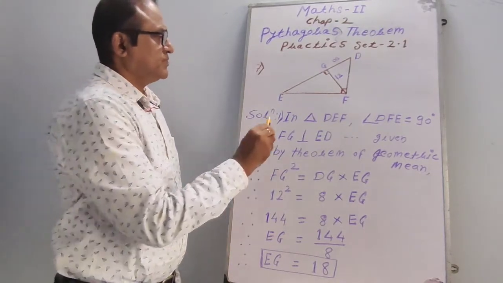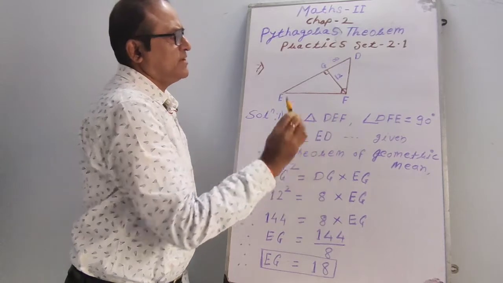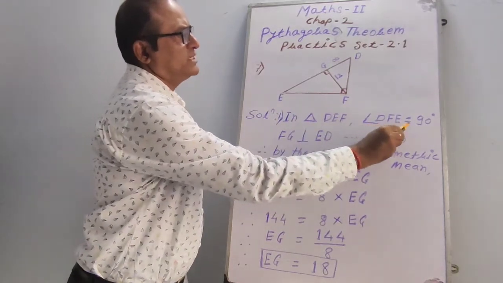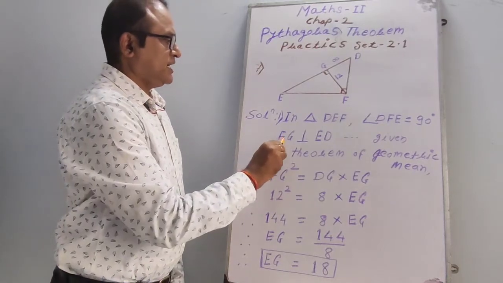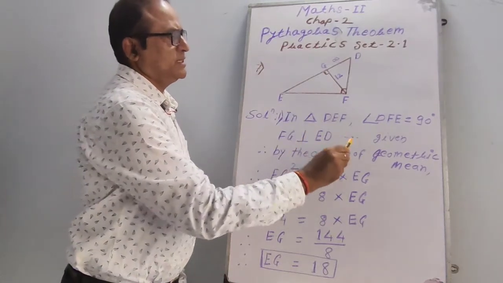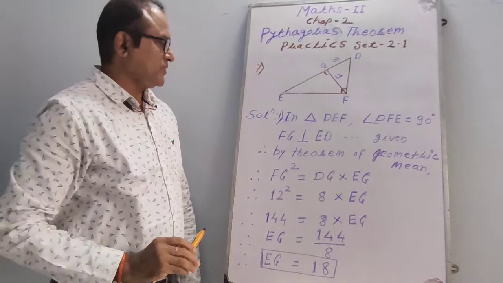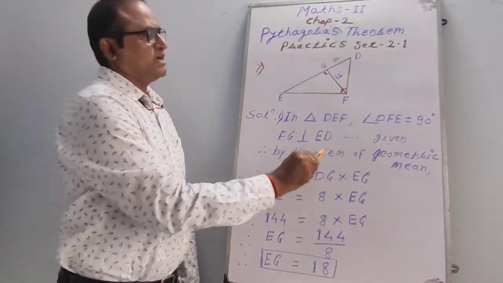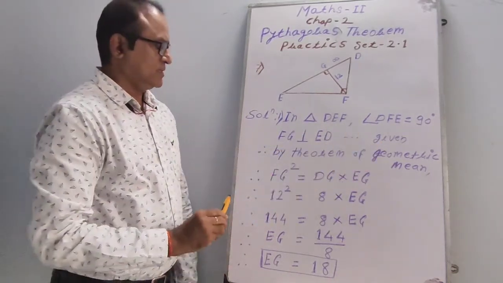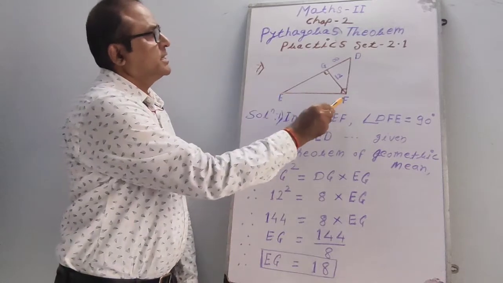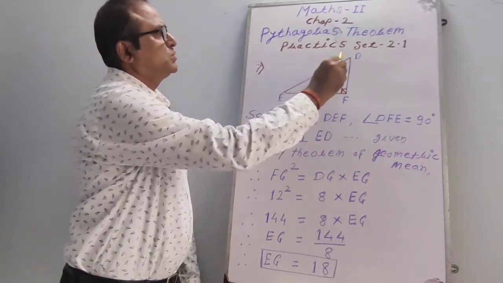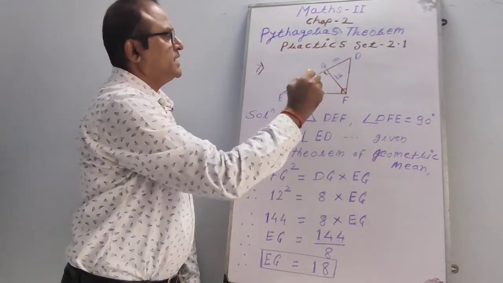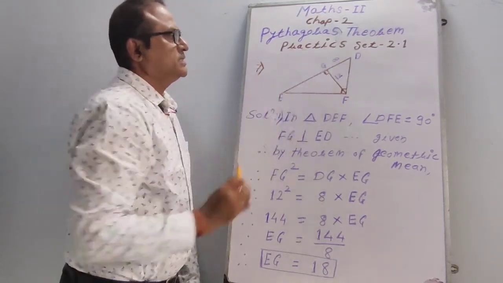Let's see. In triangle DEF, angle DFE is equal to 90 degree. FG perpendicular to ED is given. Therefore, by theorem of geometric mean, FG square is equal to DG into EG.